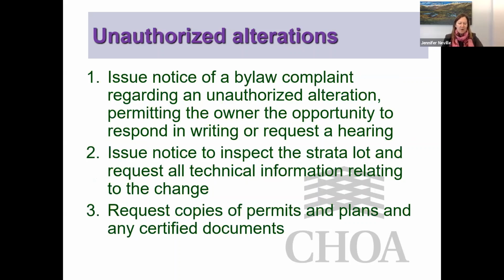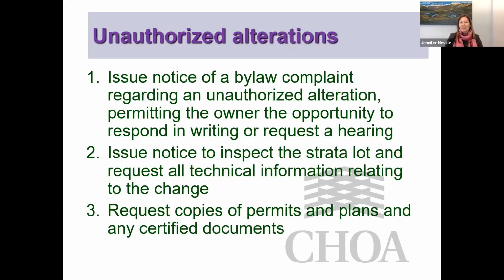Okay, unauthorized alterations. Issue notice of a bylaw complaint regarding an unauthorized alteration, permitting the owner the opportunity to respond in writing or request a hearing. So that's going to be under Section 135 of the Strata Property Act. And then issue notice to inspect the strata lot and request all technical information relating to the change.